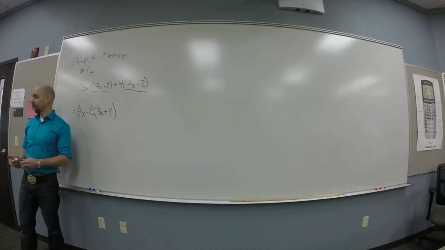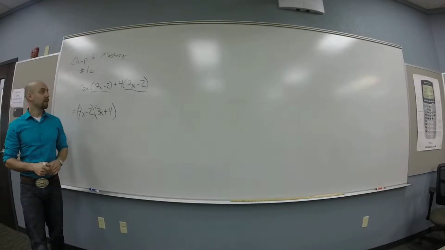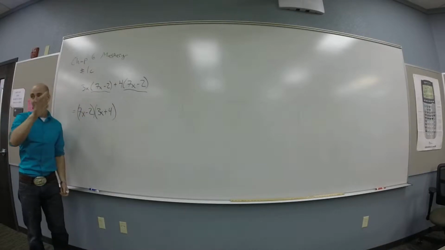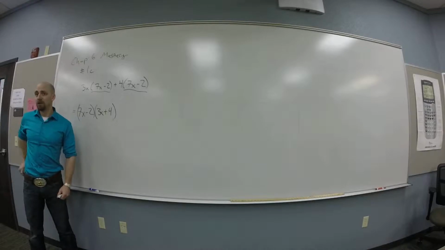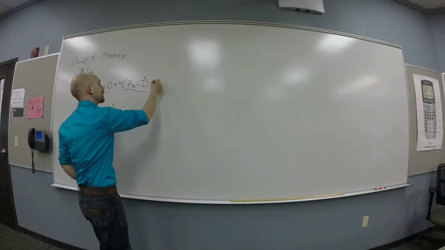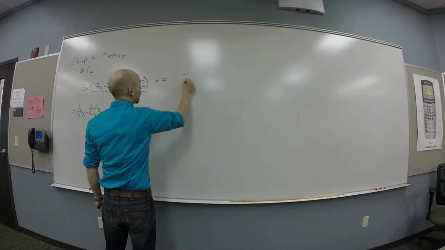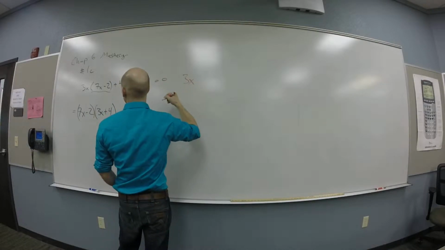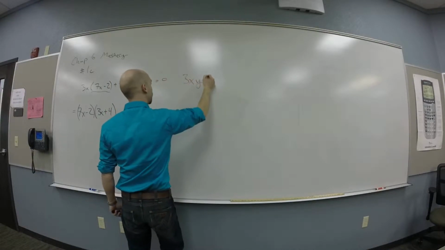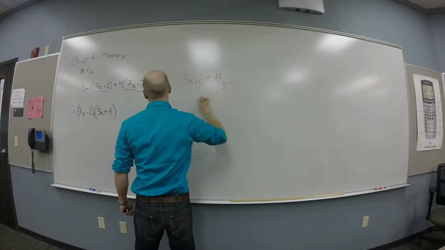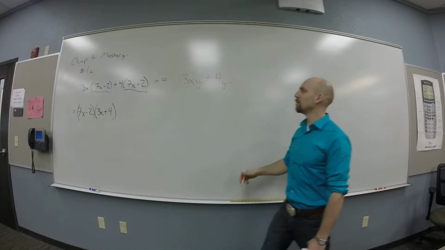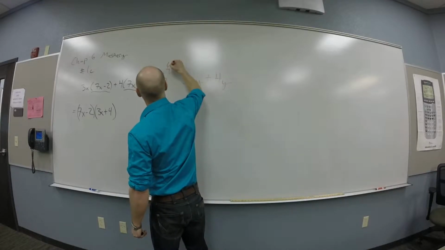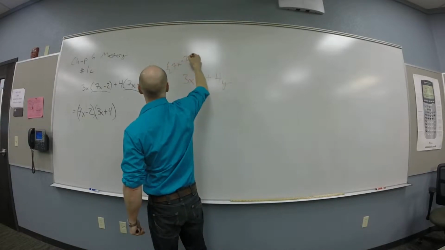One trick for these, if you're having a little bit of trouble dealing with this 7x minus 2, is that it's common in both things. Let's just rethink this as 3x times, I don't know, maybe a y, plus 4 times y, right? This is really me thinking 7x minus 2 is y.